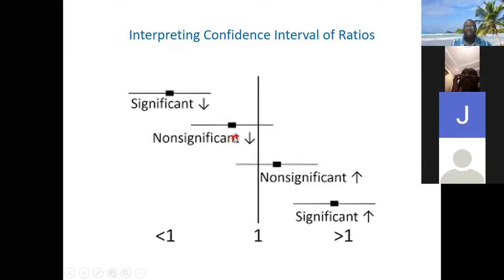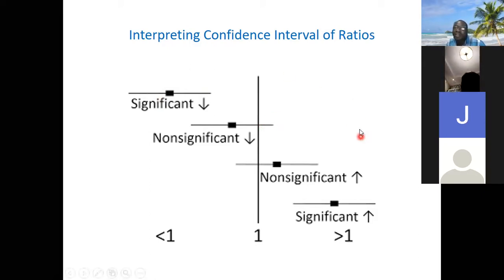In this one, the event rate is less than 1, but the confidence interval reaches 1, from less than 1 to above 1. By giving you that range, it's telling you that 1 is one of the values it can be in the population. And we already know that if it is 1, it means there's no association.